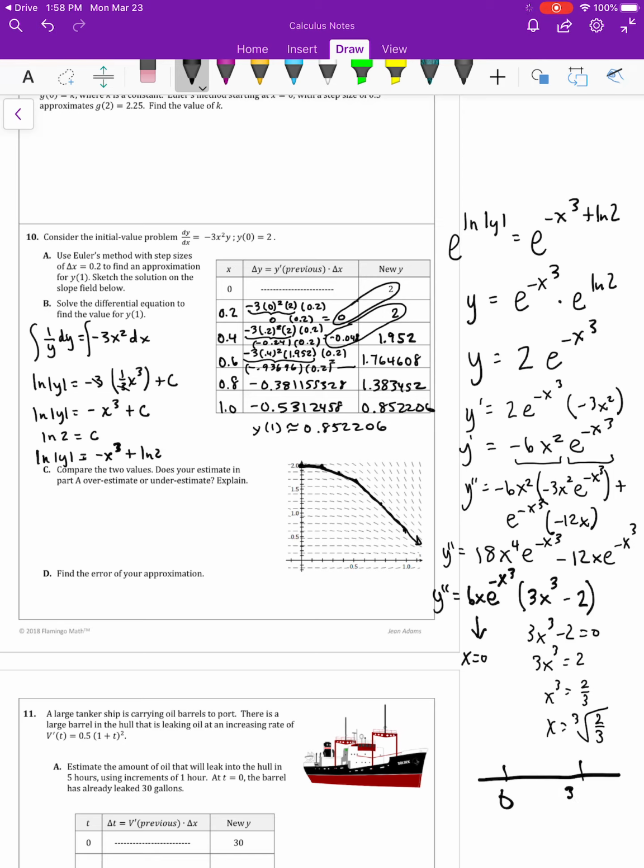And so at that point, you could say, okay, I've got 0 and I've got the cube root of 2/3, which if you put that in your calculator, it's like 0.87358.